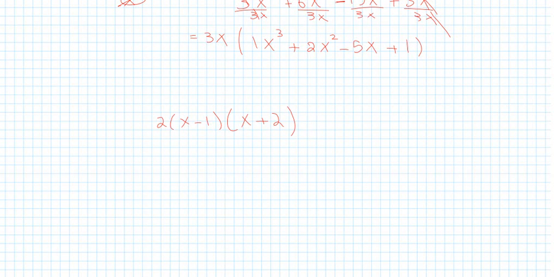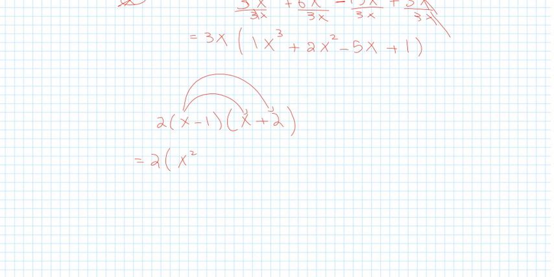So open the bracket. The first term times the first. I'm going to multiply the x by the x, and that gives me x squared. Then x times positive 2 gives us positive 2x.